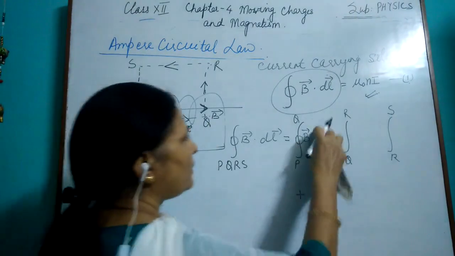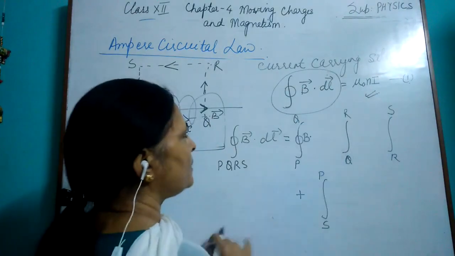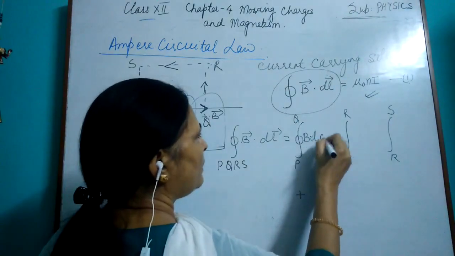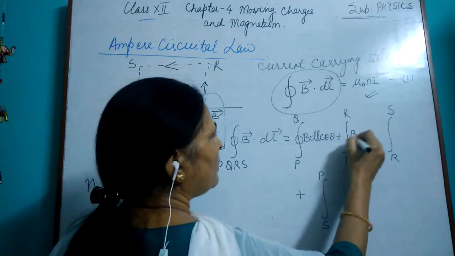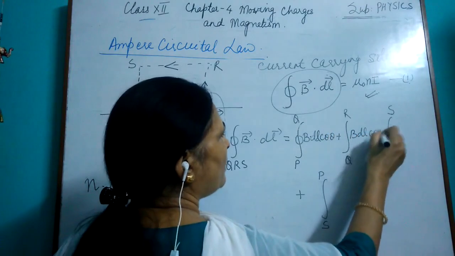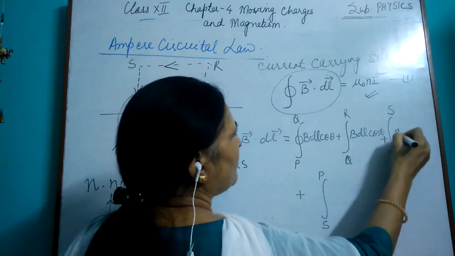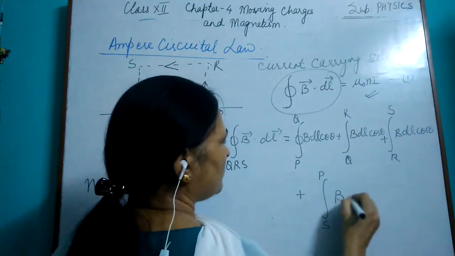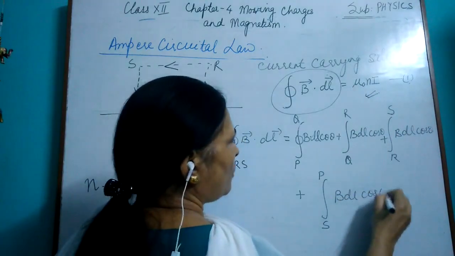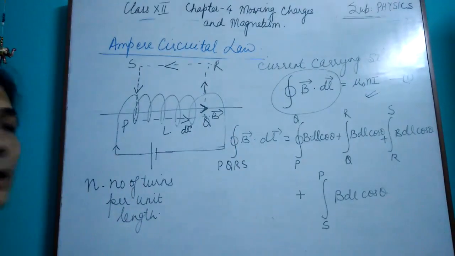So as the first step, I'll write it as B dl cos theta plus B dl cos theta plus B dl cos theta plus B dl cos theta.